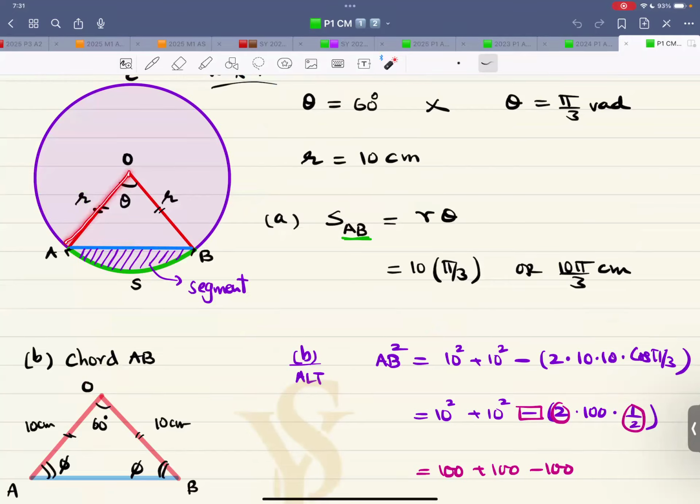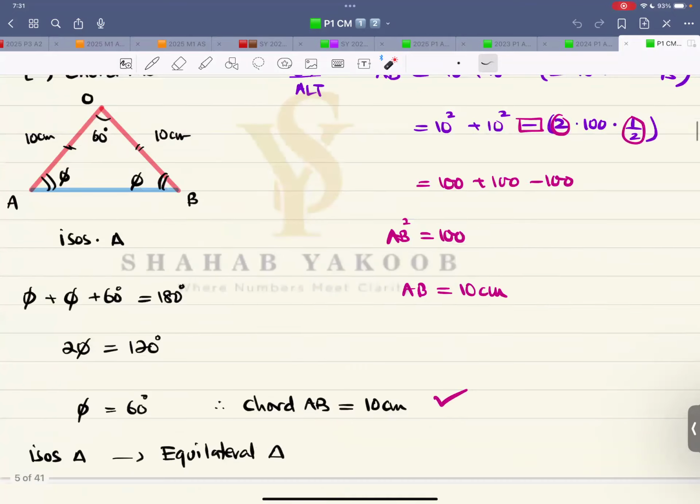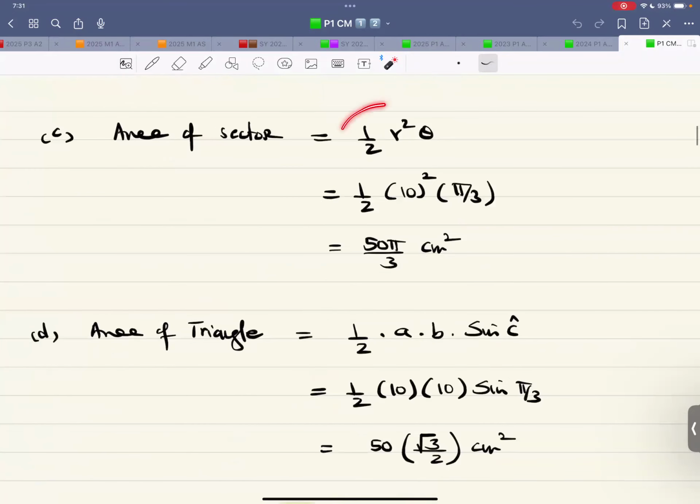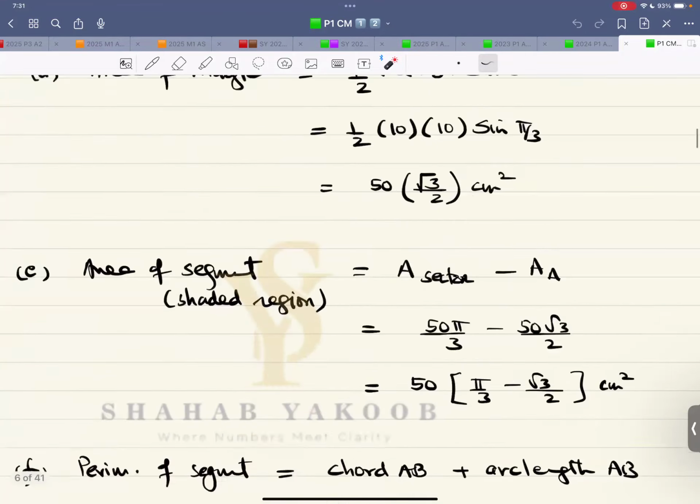If they ask about the sector, this is the radius, this is the radius, this is the arc length, that is for the perimeter. For the area, we have our own formula. And these formulas are only valid if theta is in radians. This formula we have used in O-level maths. It's still valid. If your calculator is in the radian mode, then your angle should be in radians.